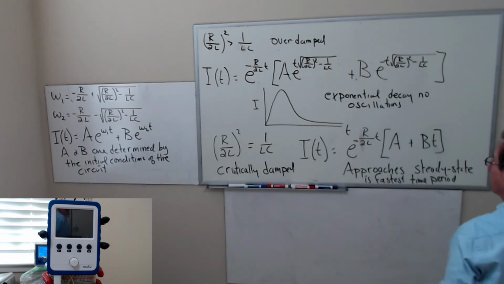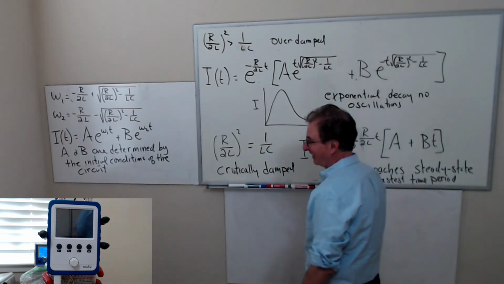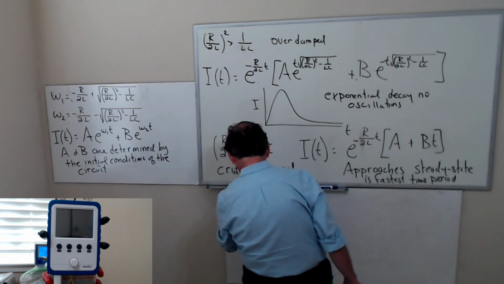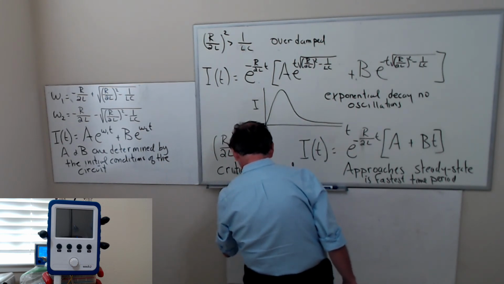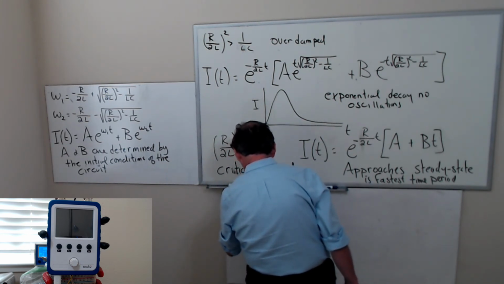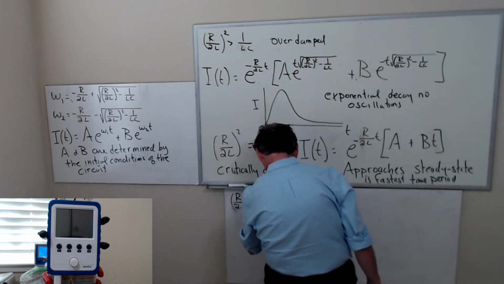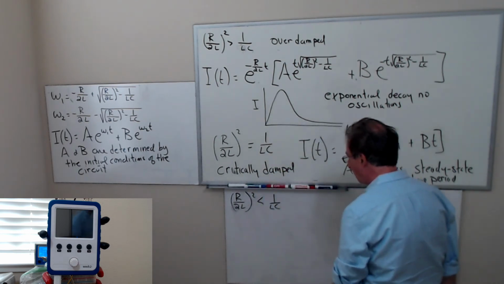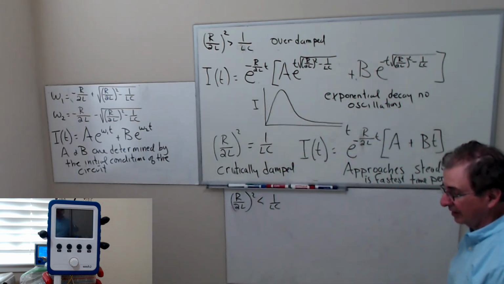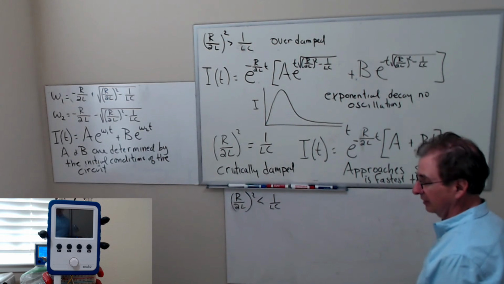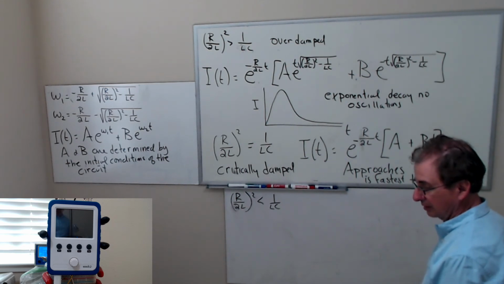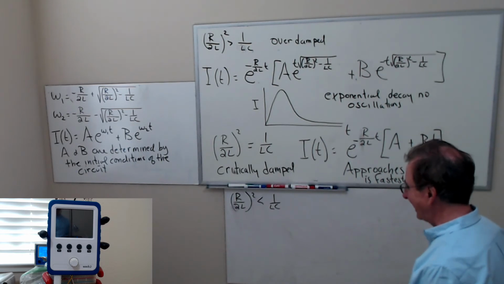The last one, this is the fun one. Guess what? It's the last condition. The last possibility. What happens there? Anybody want to guess what happens there? Imaginary numbers. Yeah, I got imaginary numbers.